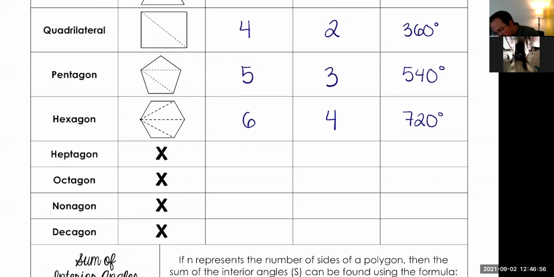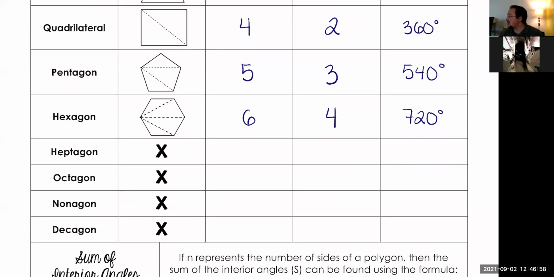Now, here's where the diagrams start to stop, because hopefully we're starting to notice a pattern. When we add another side, so in this case, a heptagon has 7. How many more triangles are in there? A total of 5, because it increases by 1. Add another side, you add another triangle.